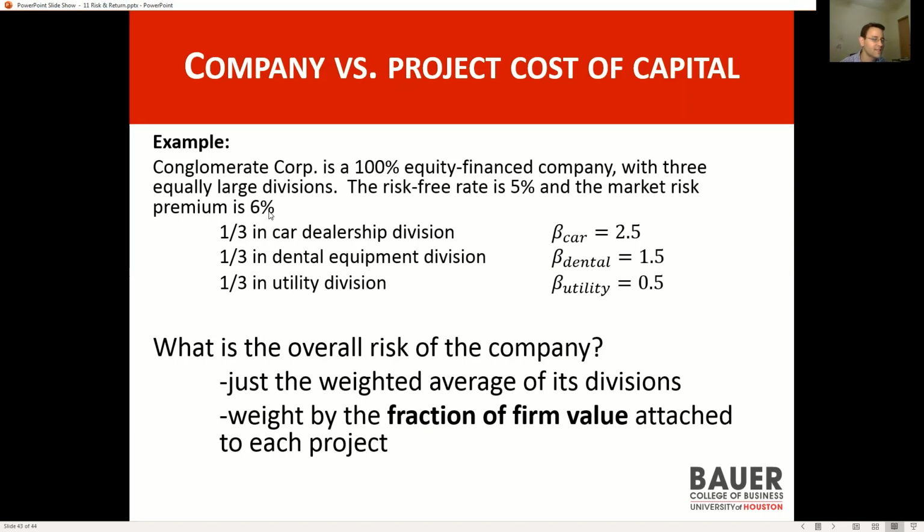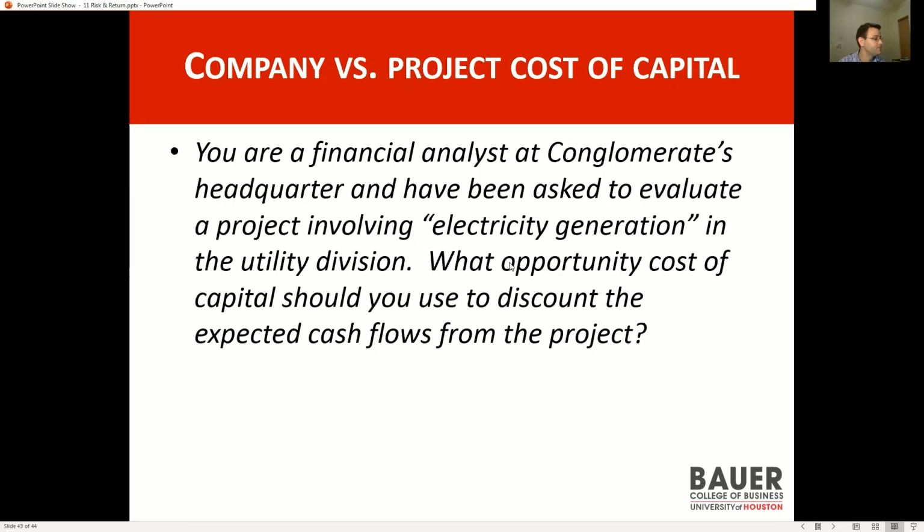Right? You should use a discount rate of 8% in the utility business. Conversely, you should be using a discount rate of 13% in the dental business. You don't want to use a discount rate of 13% in the utility business, because then you're going to be missing all of those good projects that you could take in the utility business.